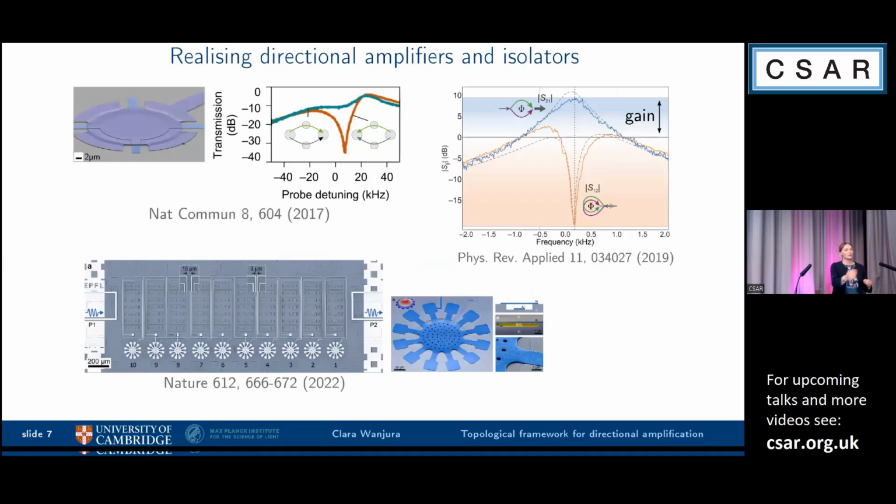Even when you read out a superconducting qubit, for instance, you don't want a microwave signal to scatter back. And so here, if you look at this plot, for instance, you see an isolation of 20 decibels. So that would already be sufficient for these kinds of applications.